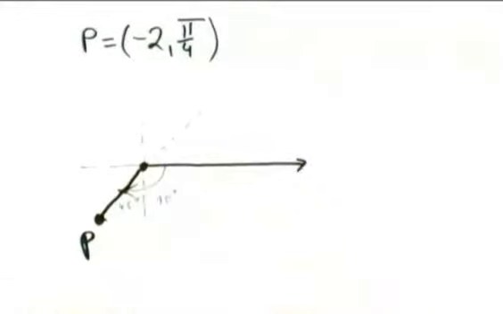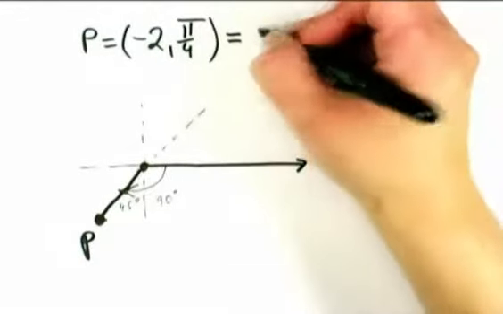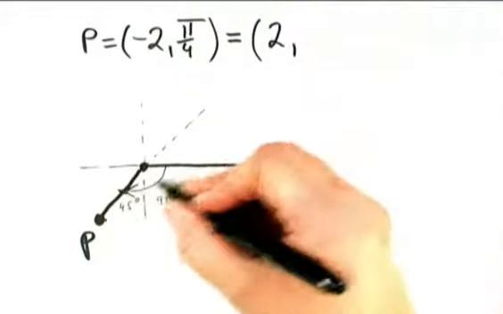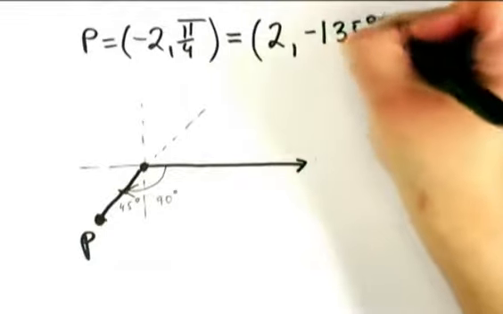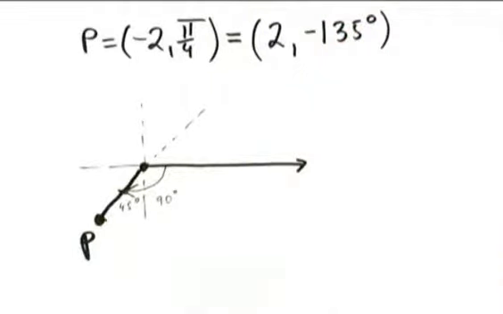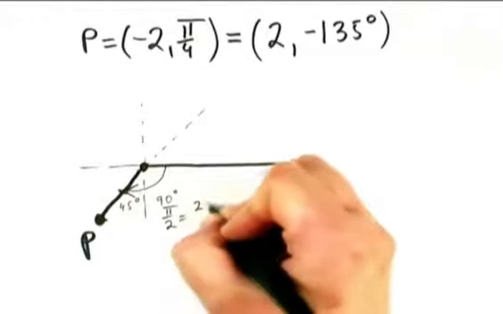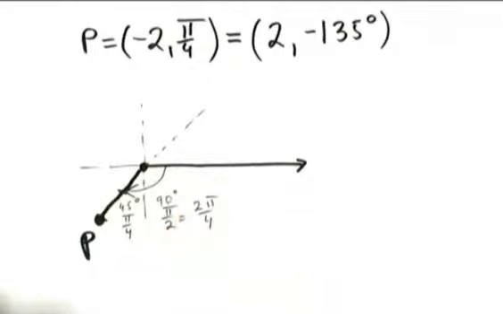We can write this, that this point has coordinates 2, and in that case a negative angle, so it's gonna be -135 degrees, or we can use pi. So in terms of pi, this is pi over 2 or 2 pi over 4, and this one is pi over 4.